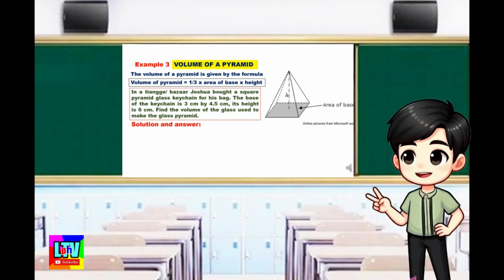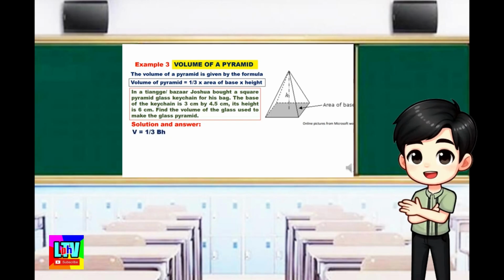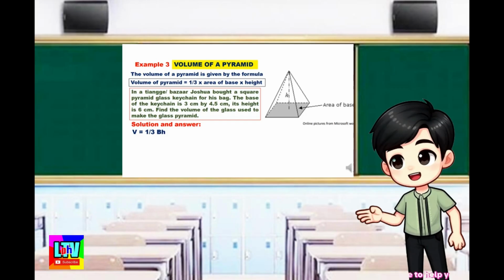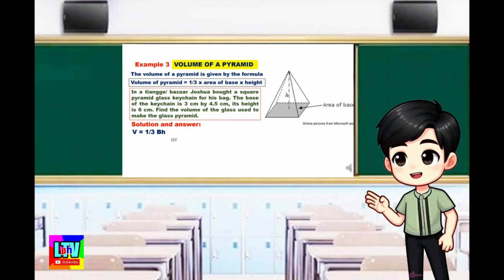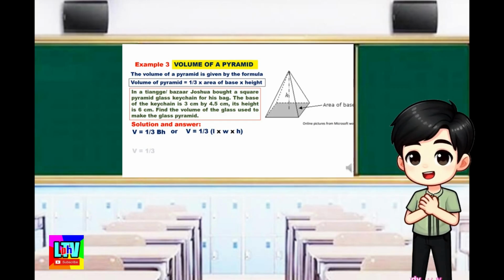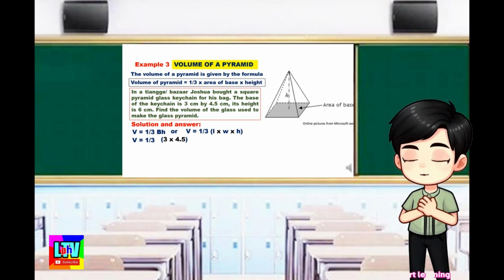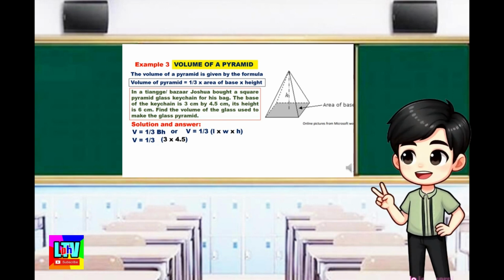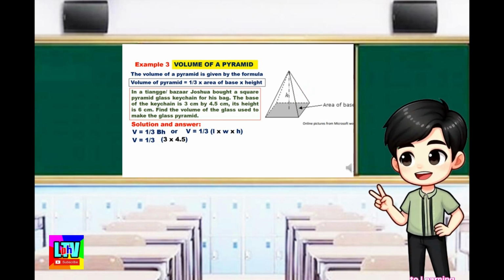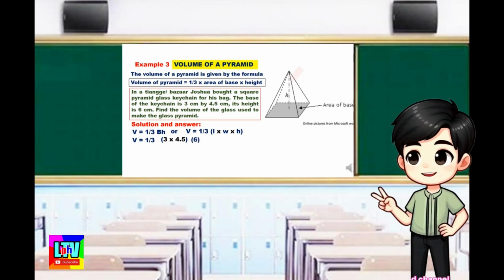For solution and answer, using this formula, volume equals 1/3 times area of base times height, or 1/3 of length times width times height. So 1/3 is constant, the length is 3, the width is 4.5, and the height is 6.